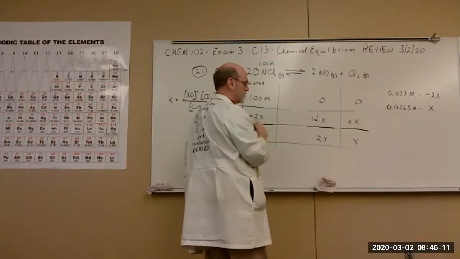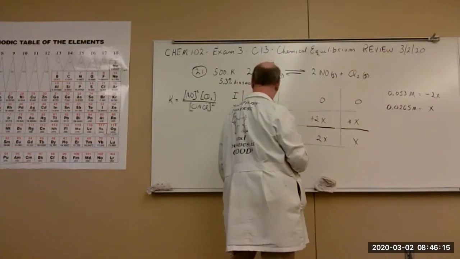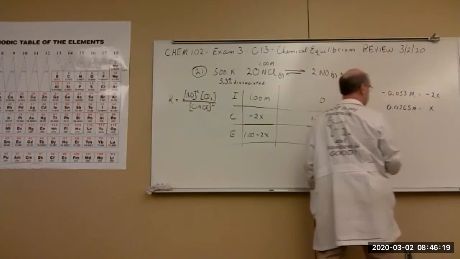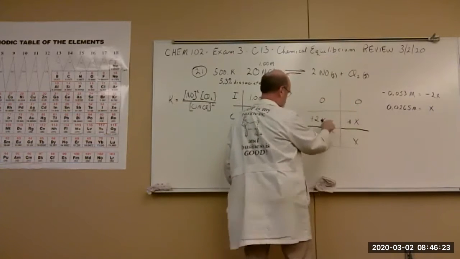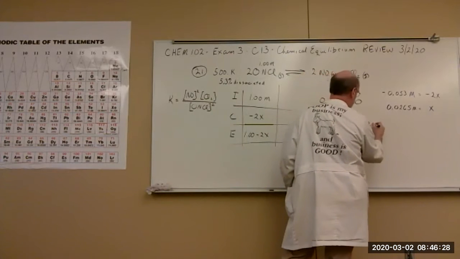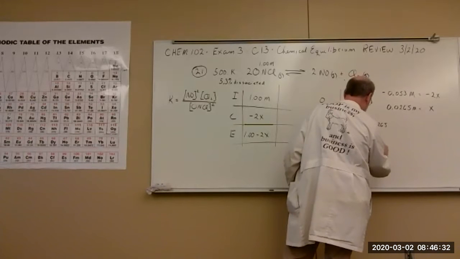Okay. Wouldn't that be a negative one? That doesn't have to be. Well, actually, that would be bad. 2x is 0.053. X is equal to 0.0265.